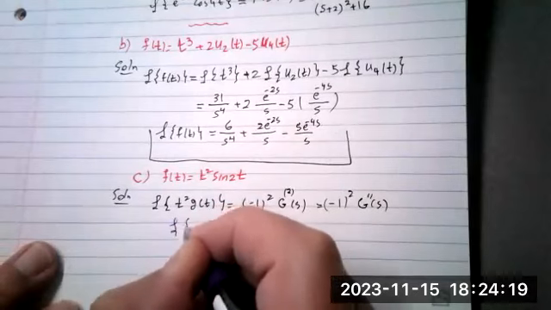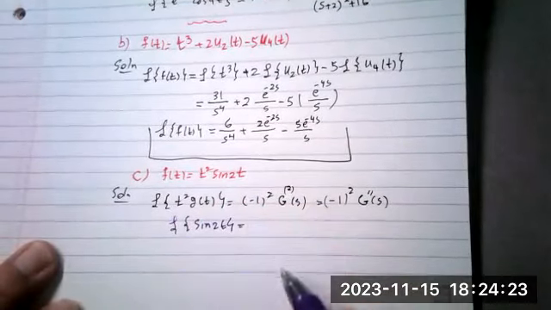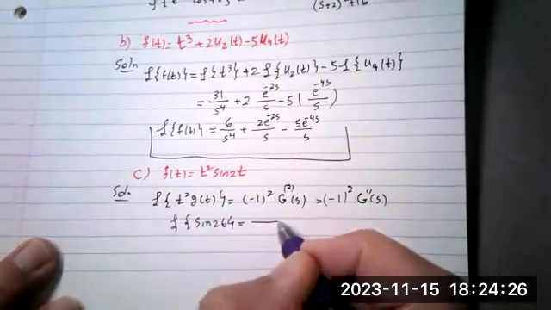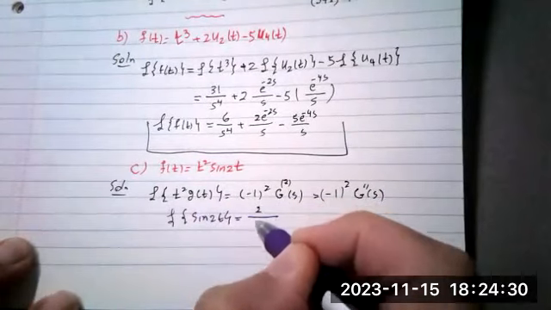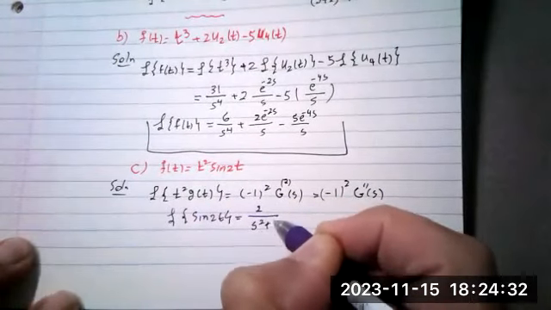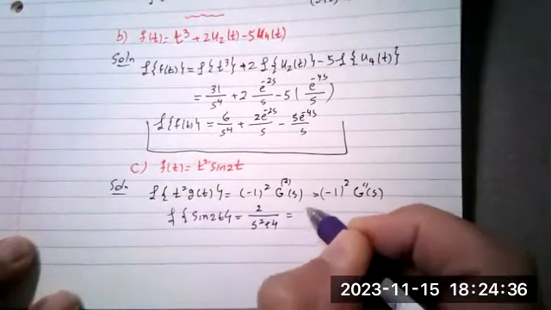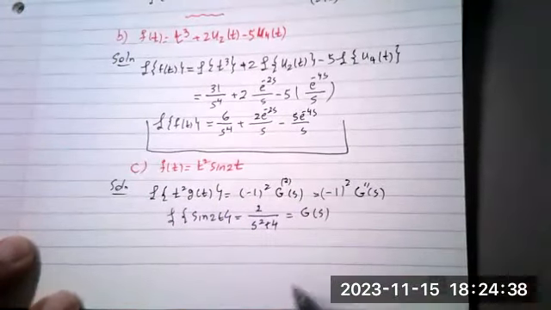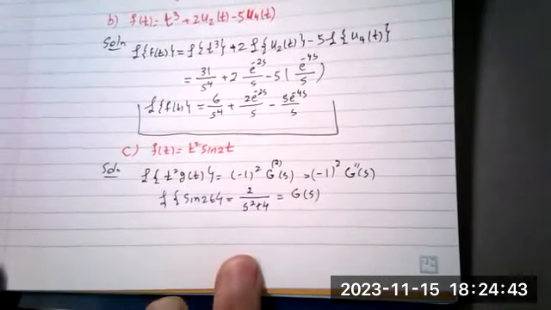Okay, so the Laplace of sine of 2t is equal to what? 2 over s squared plus 4. So this is going to be your G of s, if you like. Now you have to differentiate twice and just move it up and get the result.